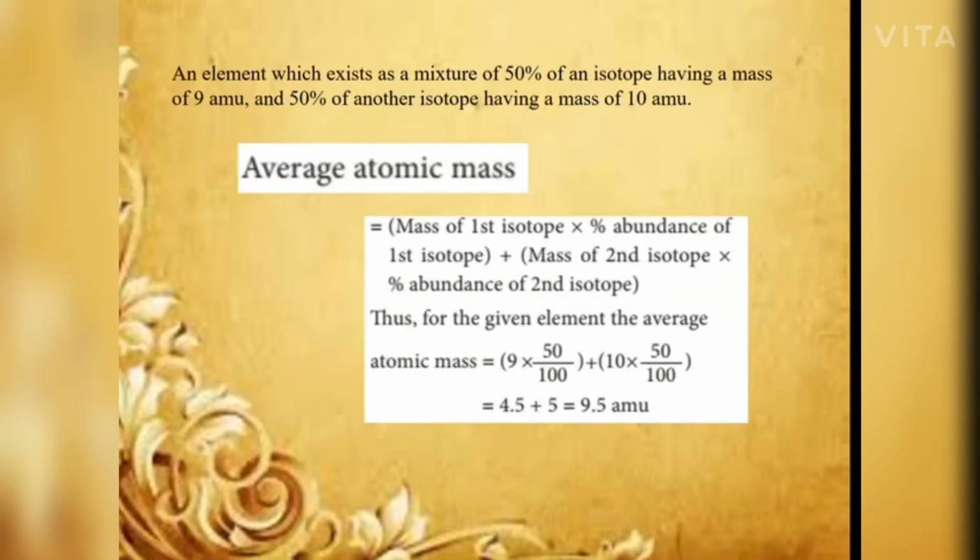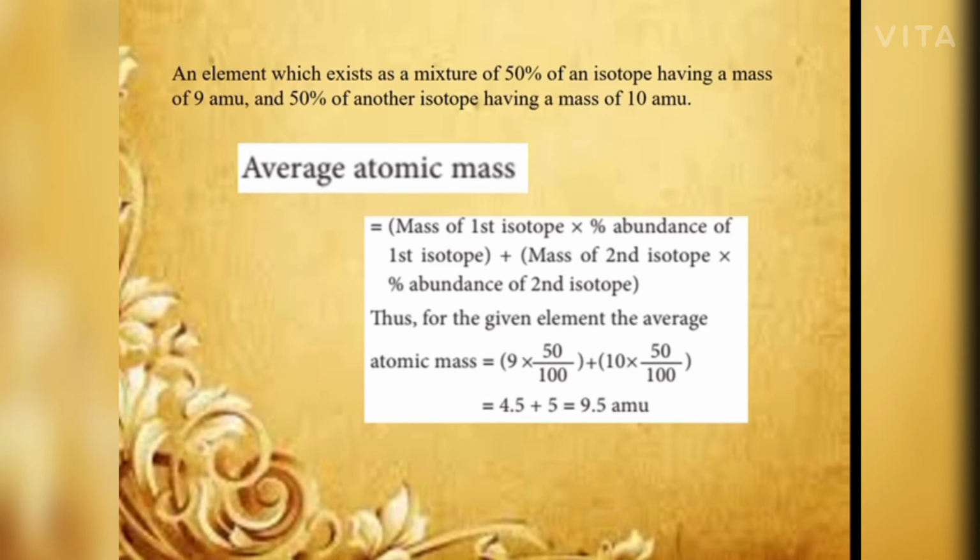Next problem. An element which exists as a mixture of 50% of an isotope having a mass of 9 AMU and 50% of another isotope having a mass of 10 AMU. Average atomic mass formula: mass of first isotope into percentage of abundance of first isotope plus mass of second isotope into percentage of abundance of second isotope.